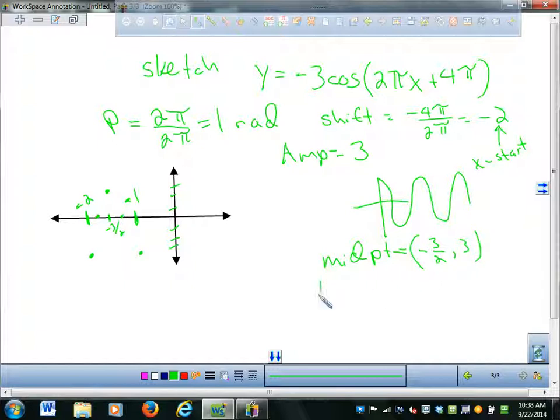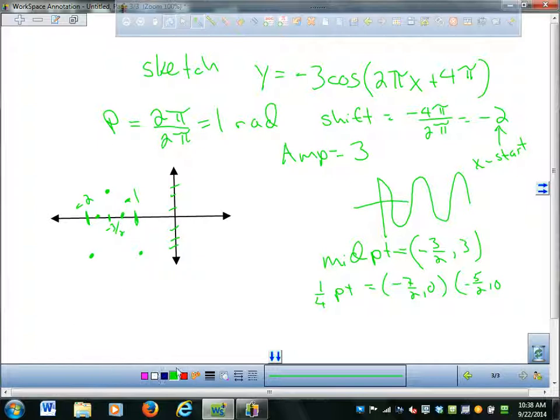And the quarter points are at negative 3 halves and negative 2, which is like 6 halves and 8 halves, so they'd be at negative 7 halves, 0. And the other one is at negative 5 halves, because this is 6 halves and that's 4 halves, so halfway between is negative 5 halves, comma 0. So there would be your 0 points.